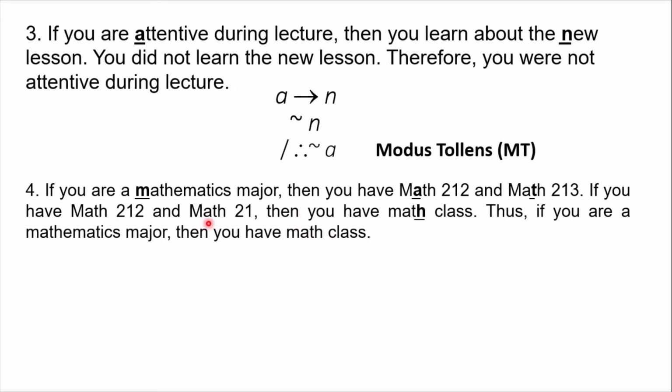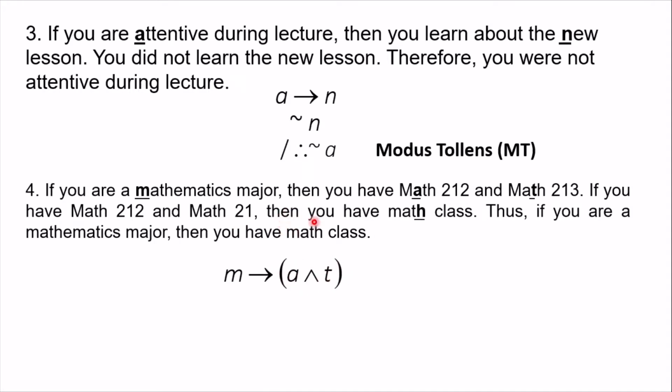So let's symbolize each statement. If you are a math major, M, then, okay, our then is an implication, A and T. So for the symbol of the first premise, the antecedent is only M, and the consequence is the conjunction of A and T. The second premise, if you have Math 212 and Math 213, this is already the symbol for that.